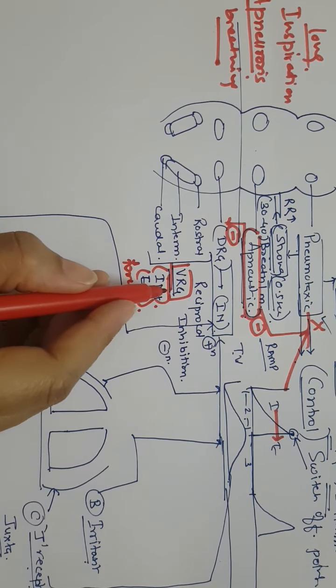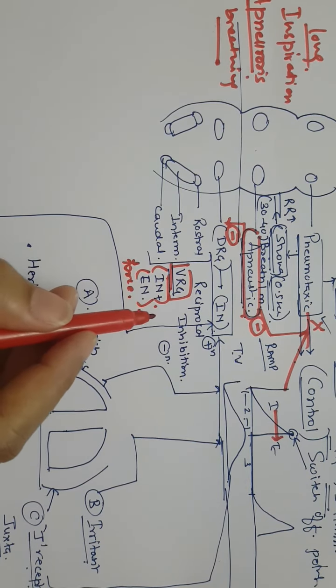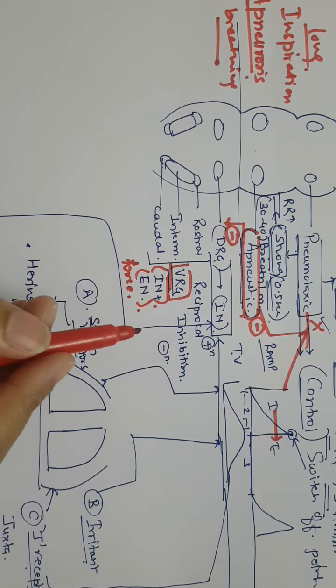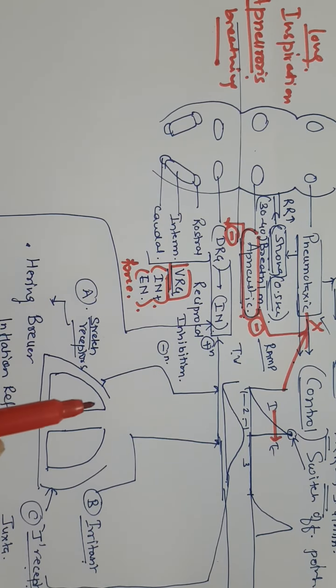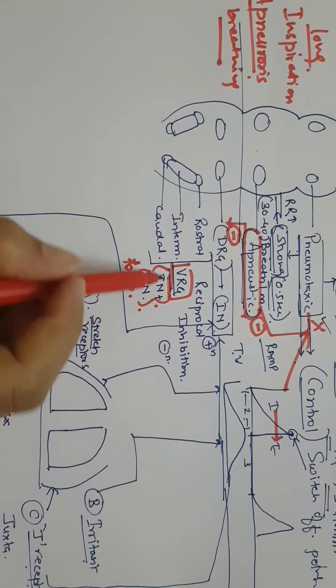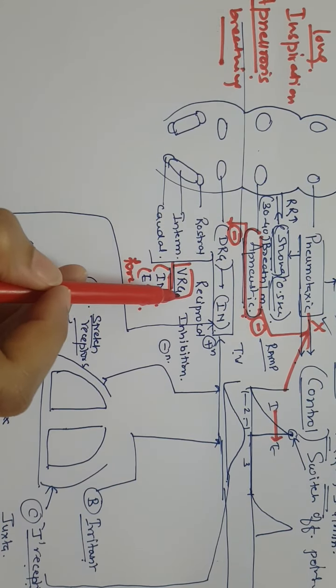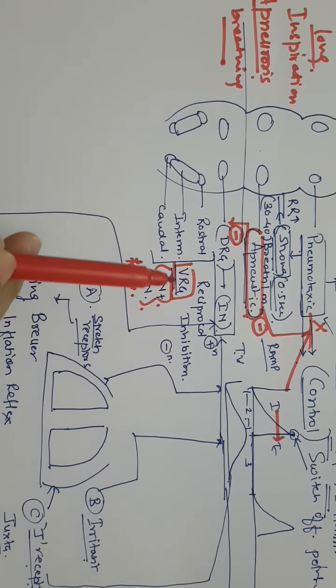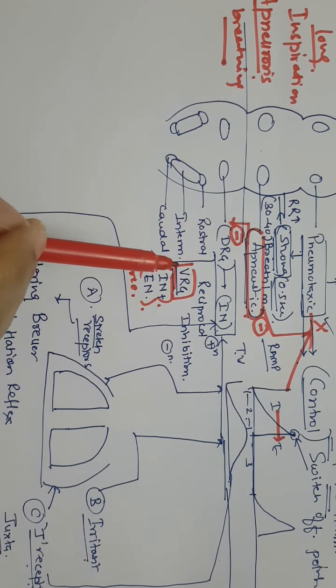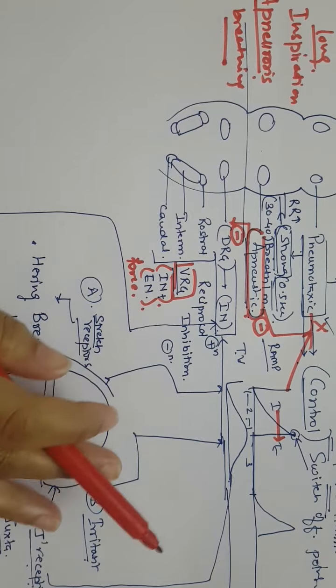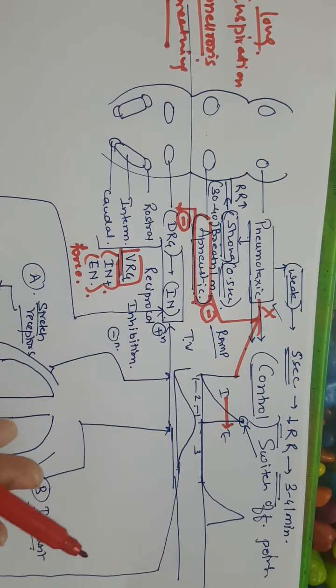So the VRG comes into role during exercise, during forceful breathing, and during increased or decreased ventilation. Okay, so normally in quiet breathing, DRG is active, and by reciprocal inhibition, the VRG is cooperating with DRG along with the interneurons. Okay, so this is how there is a neural regulation of respiration.